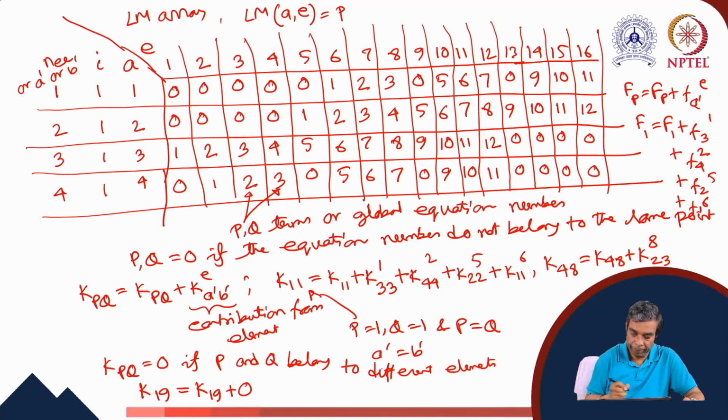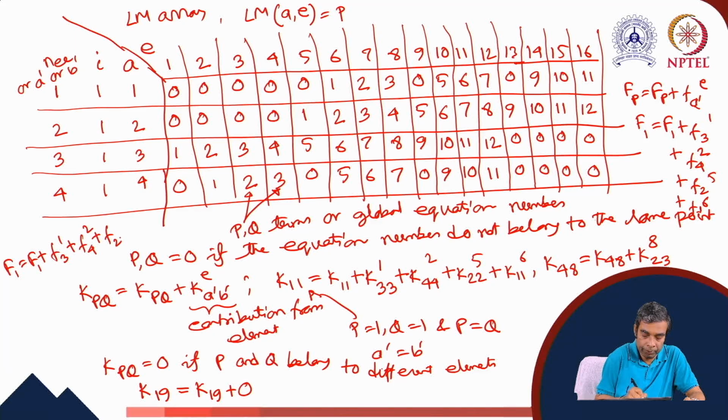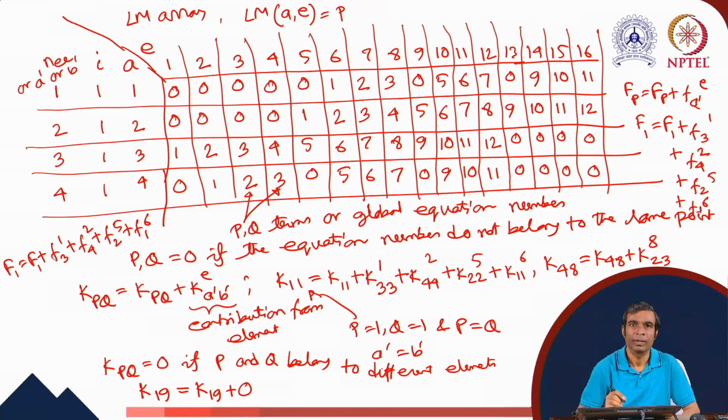So it means that our F1 equals, I rewrite this expression, F1 plus F31 plus F42 plus F25 plus F16. Okay, so in this manner we can easily construct the other 11 terms.